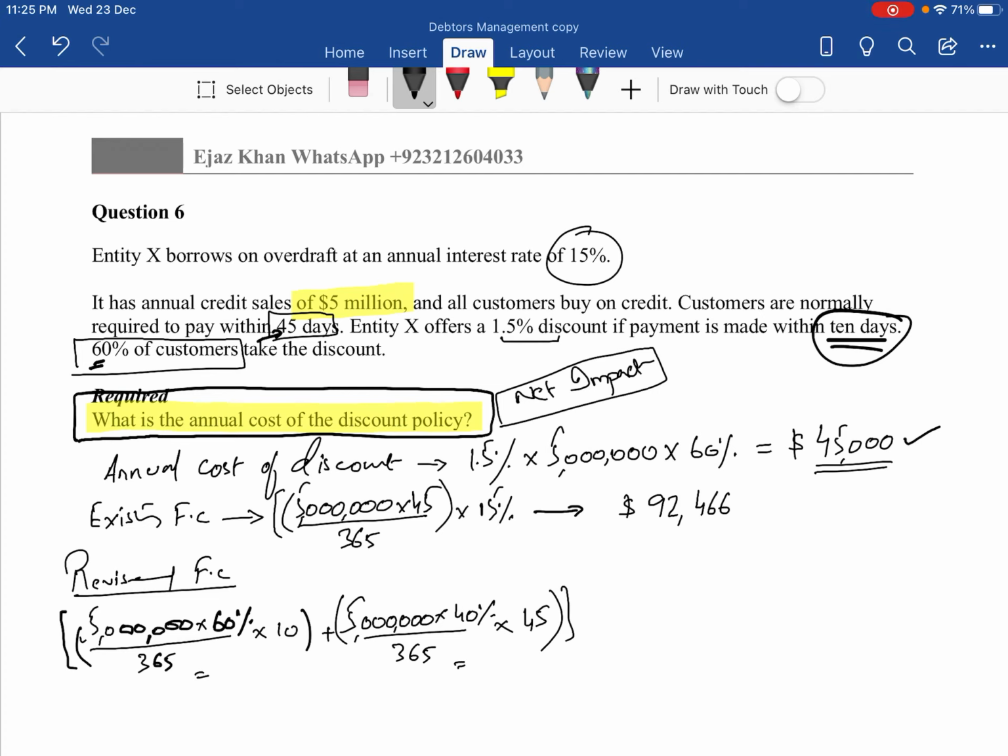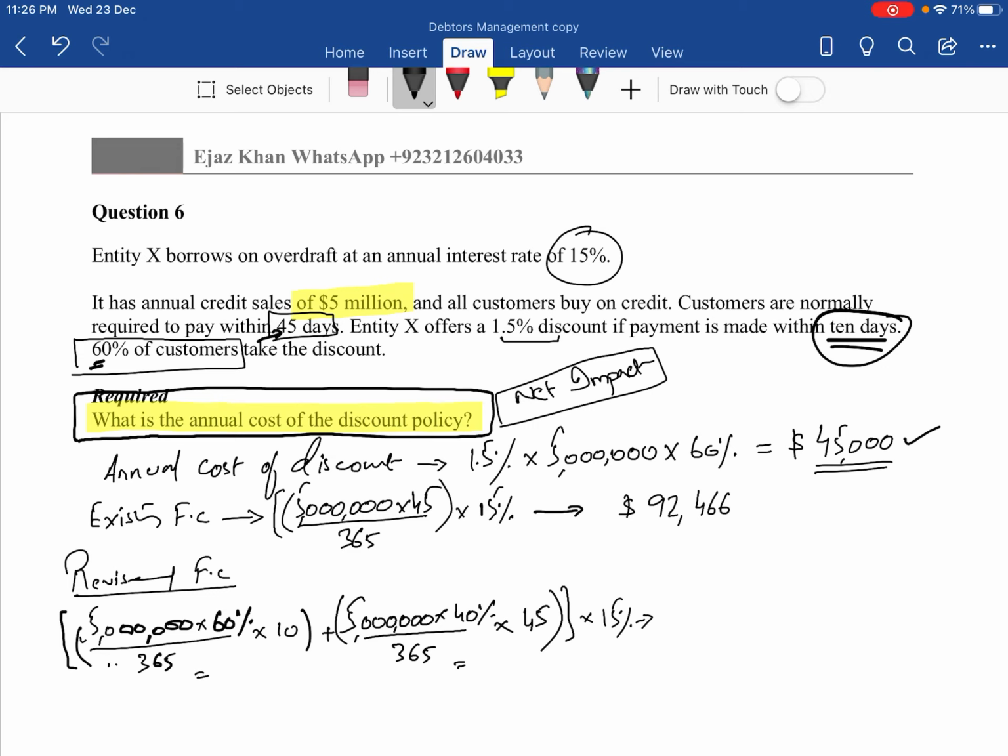And the two types of receivables will be added and multiplied with the cost of finance. So let's see what's the figure. 5 million into 60% divided by 365 multiplied by 10.